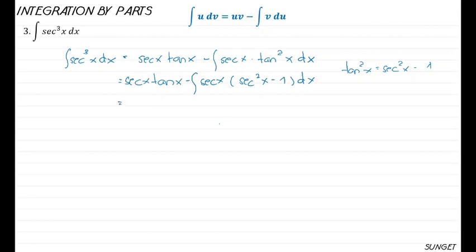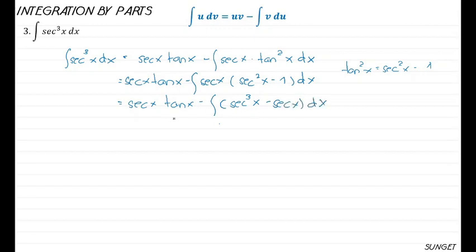So multiply. So secant x times tangent x minus integral of secant cube x minus secant x dx.